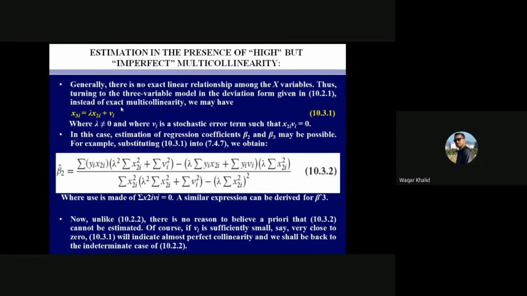It means that we are moving back towards the case of perfect multicollinearity. So what we need to do is assign a big value for vi in order to avoid the perfect multicollinearity situation.